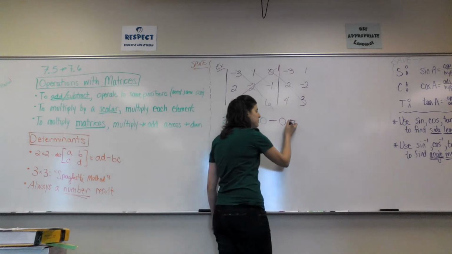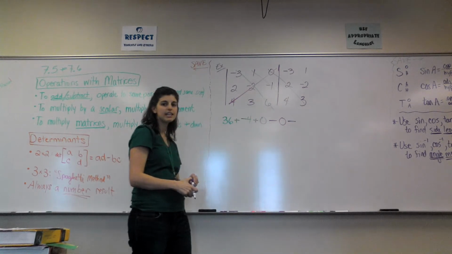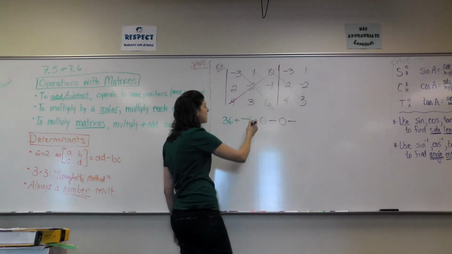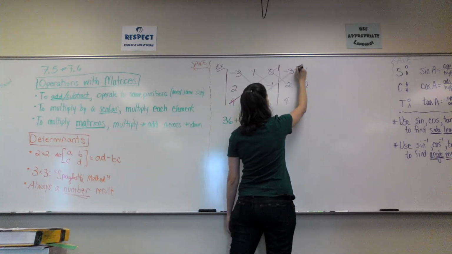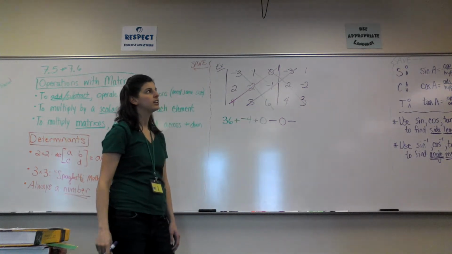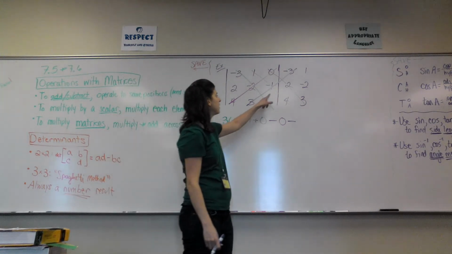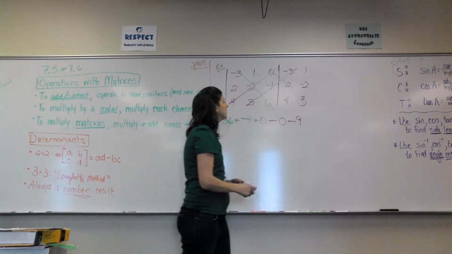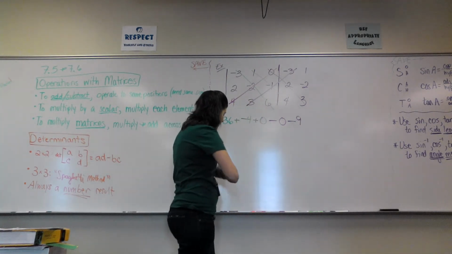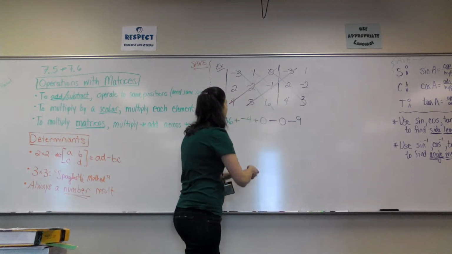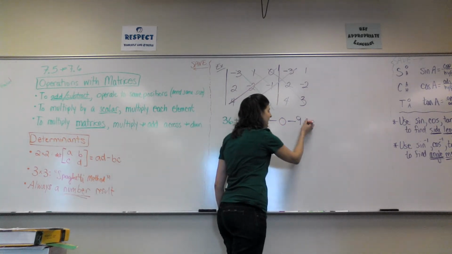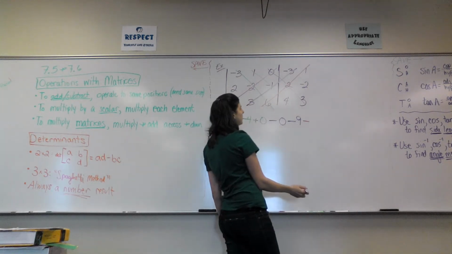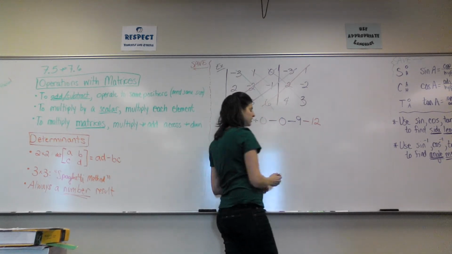Then I need to subtract, and writing the sign down before you write the product sometimes helps. Subtract 3 times -1 times -3. So -3 times -3 gives me +9. And then I need to subtract 6 times 2 times 1, so 12.